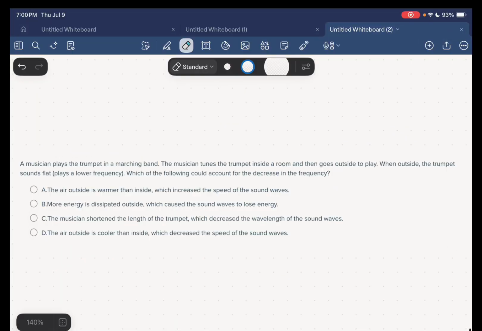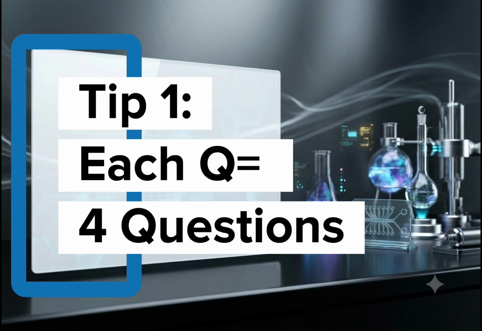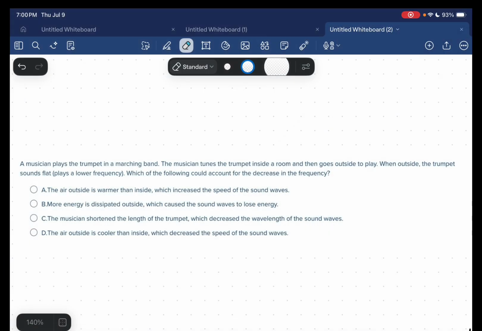My first tip is to treat each practice question as 4 separate learning opportunities. You want to get into the habit of eliminating answer choices either based on your content knowledge or evidence presented in the passage.